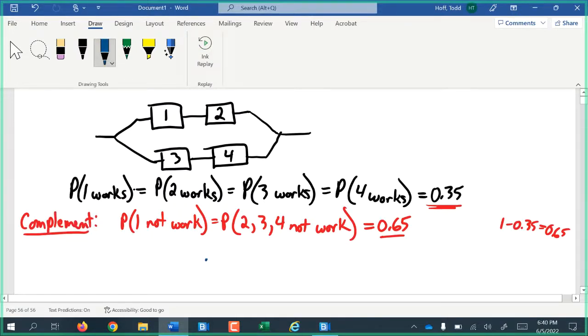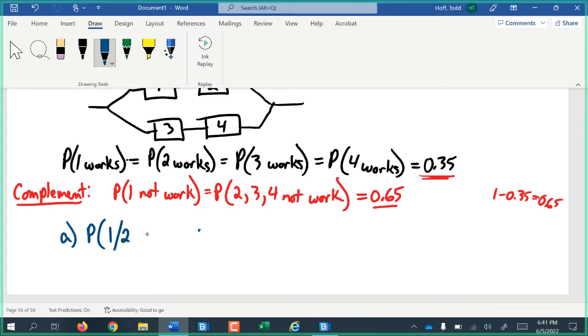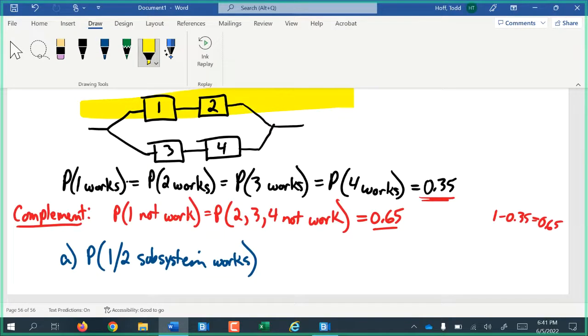So then as we go down through the problems here, the first step of the problem, part A, is saying the 1-2 subsystem only works if both components work. What is the probability that this happens? So it's the probability that the 1-2 subsystem works. So that 1-2 subsystem, that's this part up here, that branch.